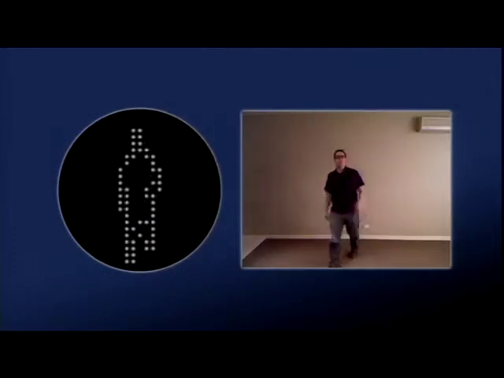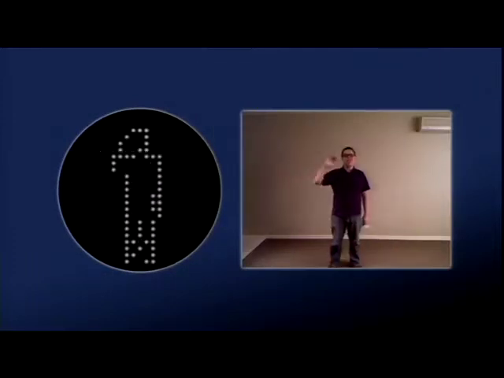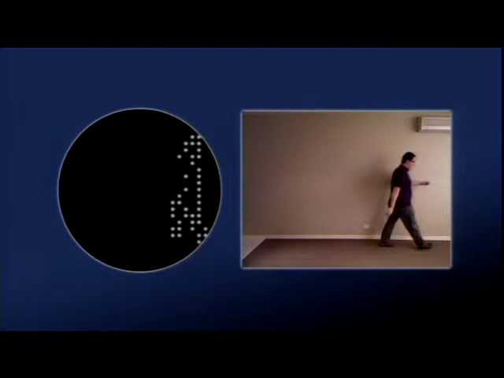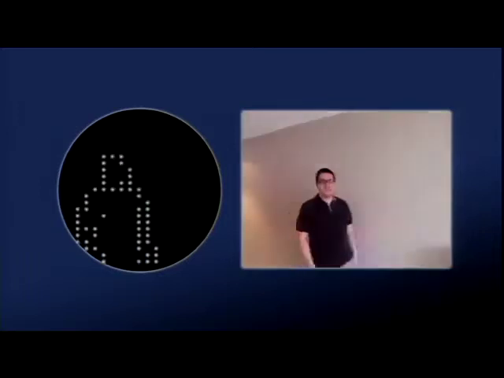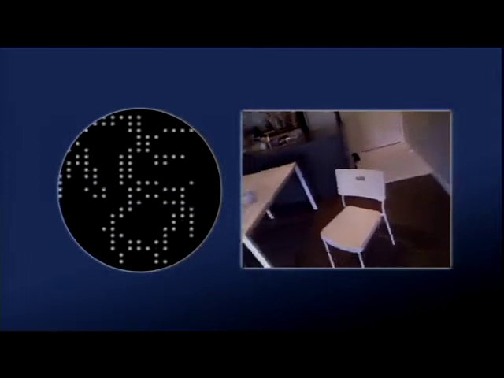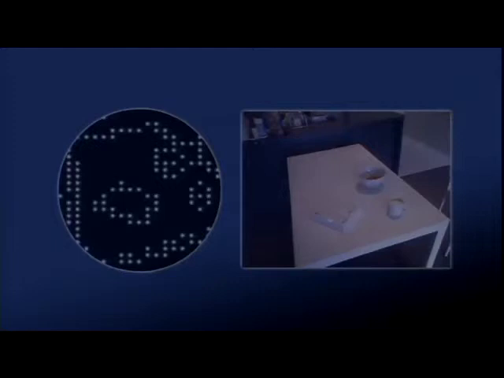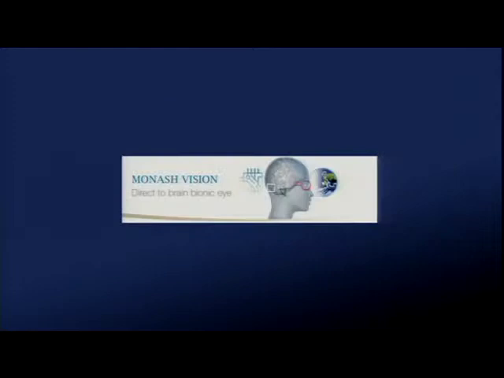Although the implant will not produce high-definition vision, Monash Vision Group aims to provide enough visual information to assist the recipient in performing daily activities, such as navigating familiar environments, like their homes, and to recognize the presence of people and objects around them. This is only the beginning of a long-term goal to provide useful, high-quality vision for the blind and vision impaired.